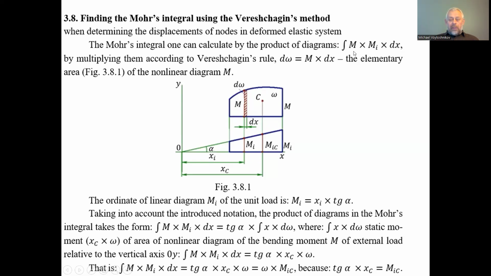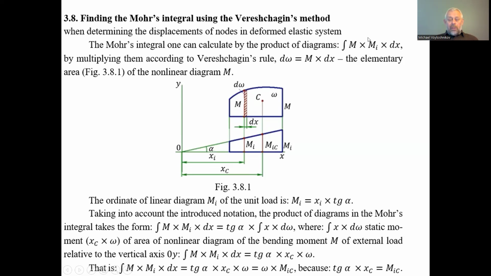And we assume that we have these two diagrams for each element of the mechanical system as trapezoids. Trapezoids may be linear, like here for the unit force, or non-linear. But the assumption for the Vereshchagin rule is that at least one of the trapezoids has to be linear.